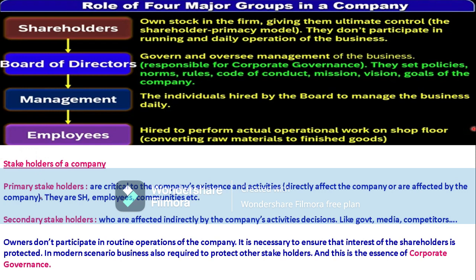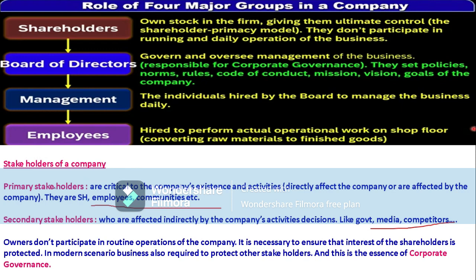Stakeholders are nothing but the shareholders, employees, communities, etc. Here if we see other stakeholders, government, media, competitors, etc., they all come under other stakeholders. So stakeholders are nothing but the persons who are associated with the company activities: customers, suppliers, government, competitors, employees, shareholders.